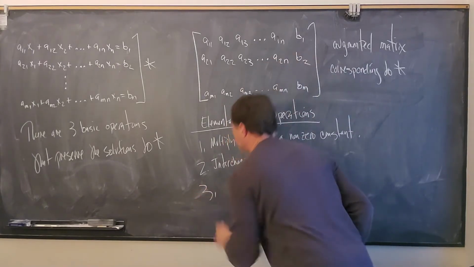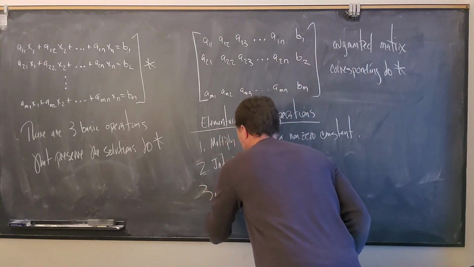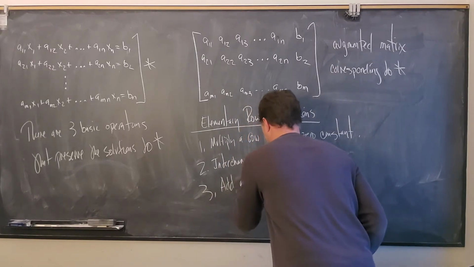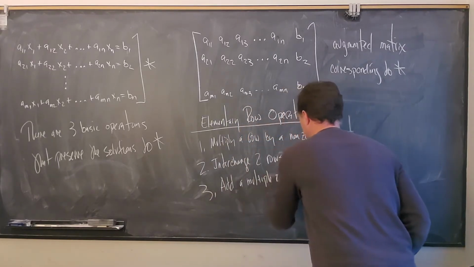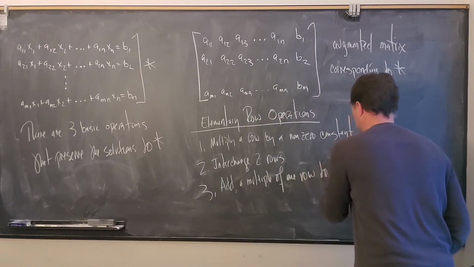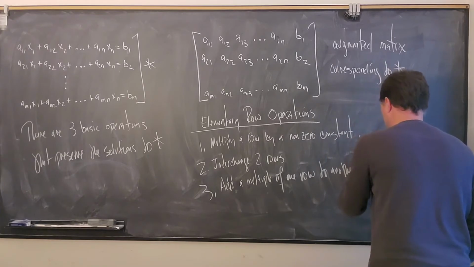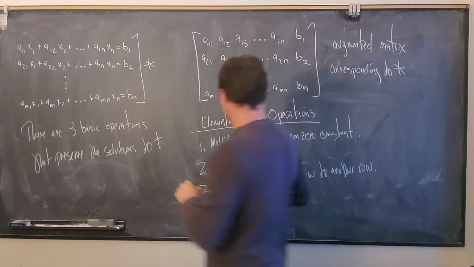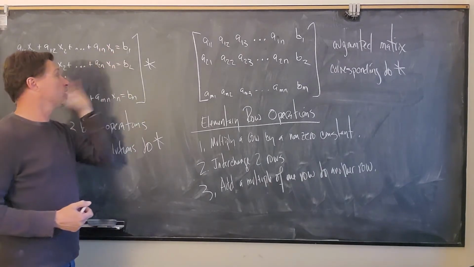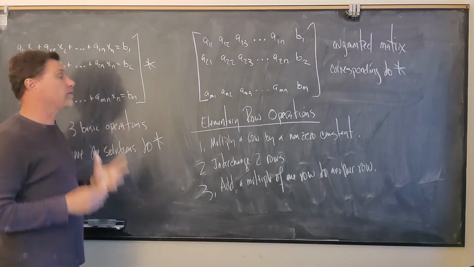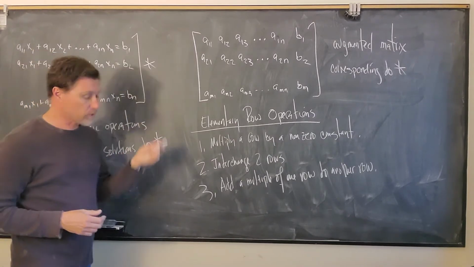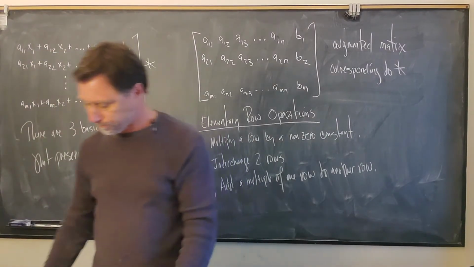And the third one, add a multiple of one row to another row. So these three operations right here correspond to the operations we discussed that you can do to linear systems. They will not affect the solution set of the linear system. And these are called elementary row operations.